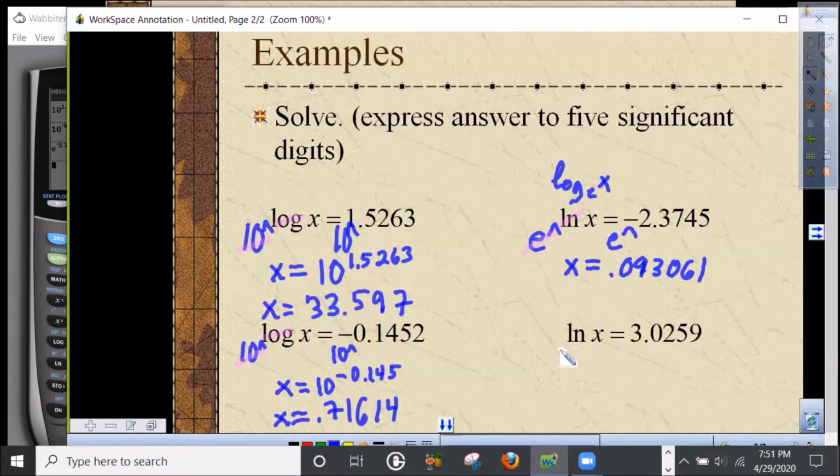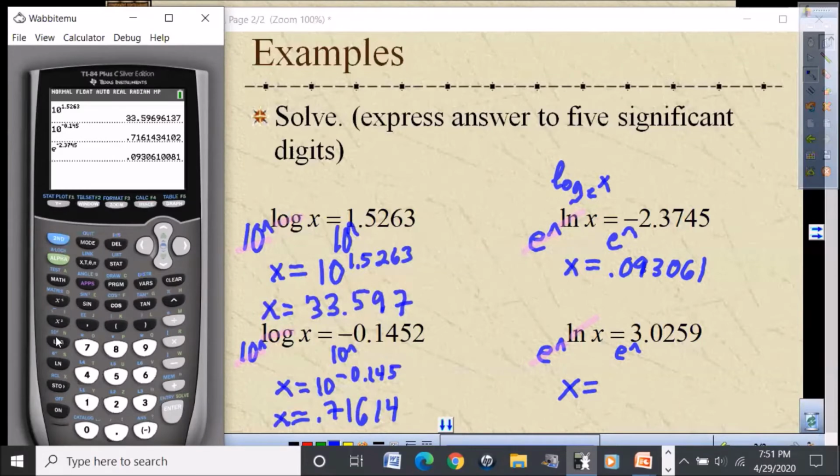For this last example, we're again going to remember that the base of natural log is the number e. So we'll raise both sides as a power of e. e and natural log will cancel each other out, leaving behind just an x. And on a calculator, we'll see what e to the 3.0259 is.